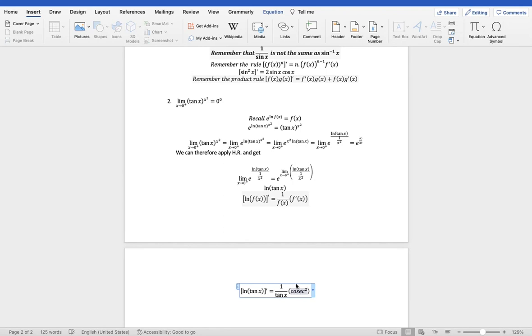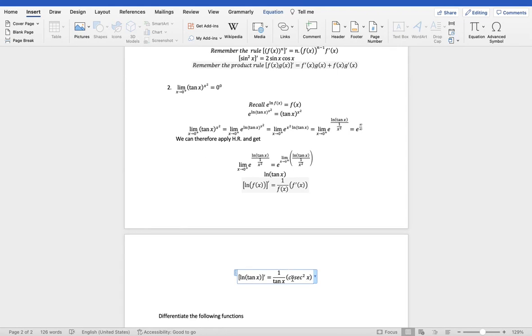Oh, sorry, my bad, it's sec squared, not cos x squared. I was thinking cosine. So sec squared. When you apply the quotient rule to tan, you can find sec squared. So does everyone understand that?